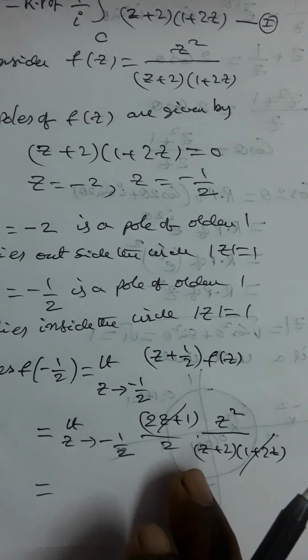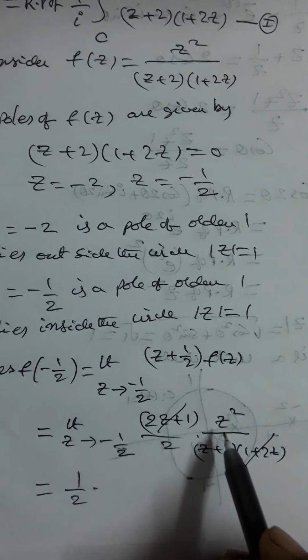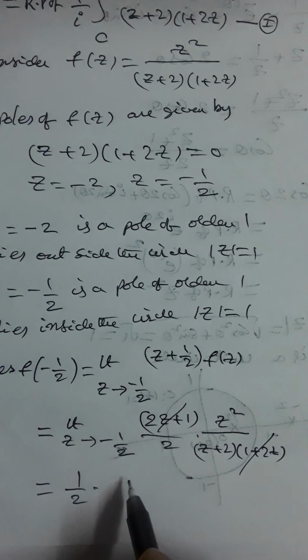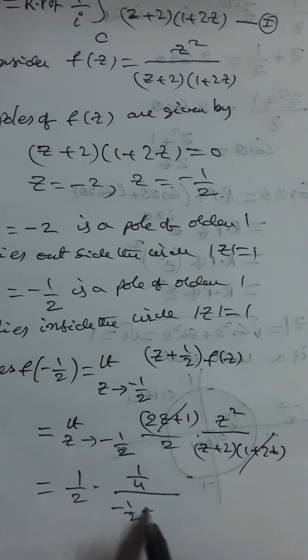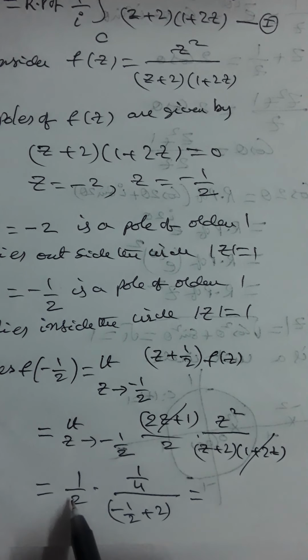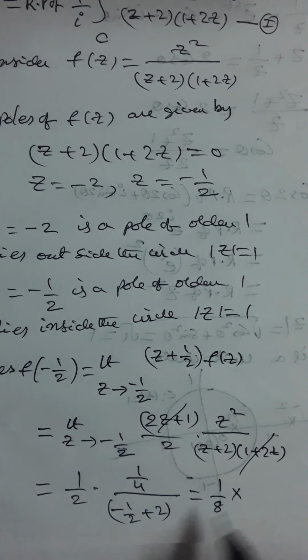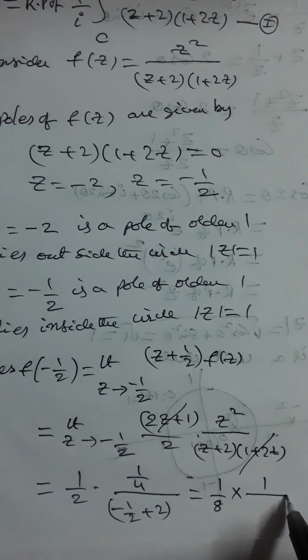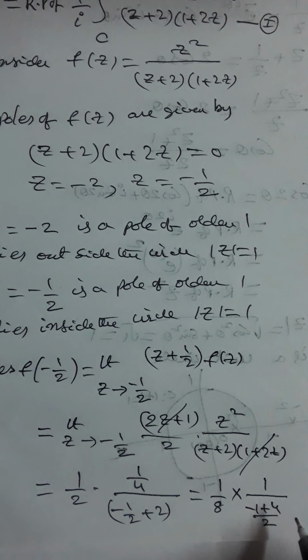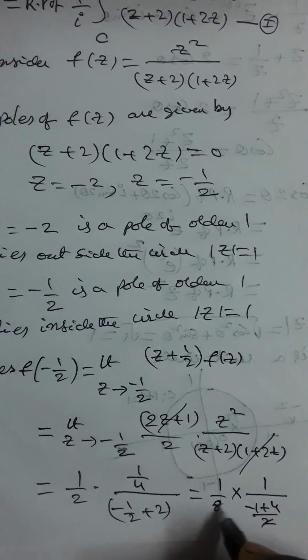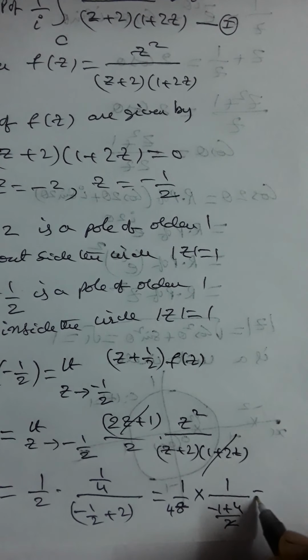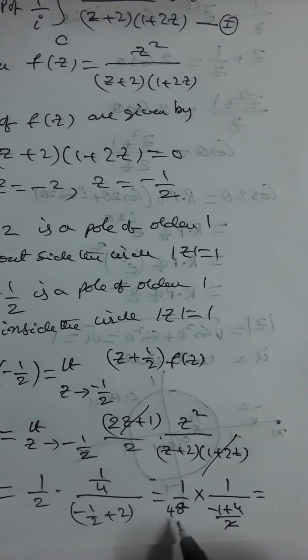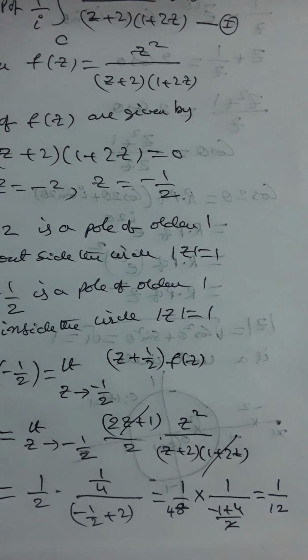Put z = -1/2: we get (1/4) over (-1/2 + 2), which is 1/4 into 1/2 ... that is 1/8 times 2, giving (1/4)/(3/2) = 1/6... simplifying with the LCM, the residue is 1/12.